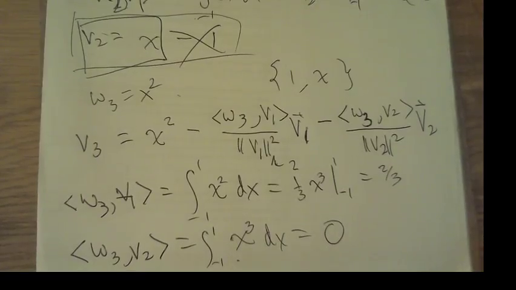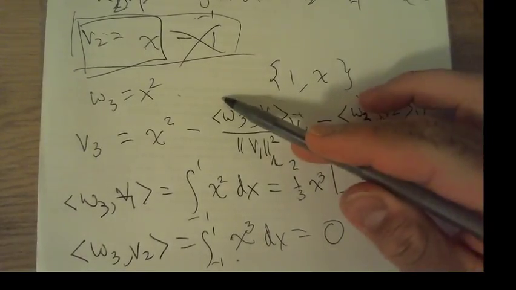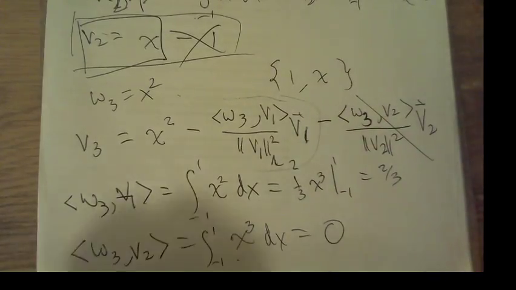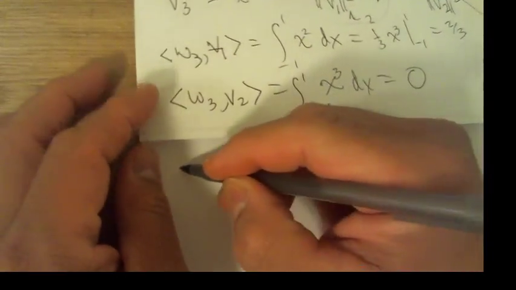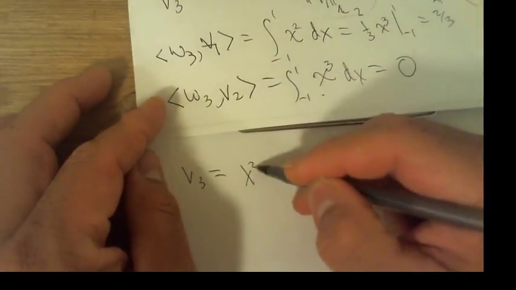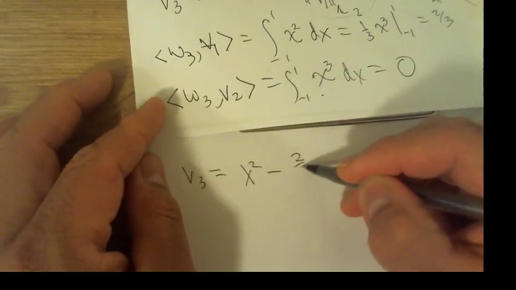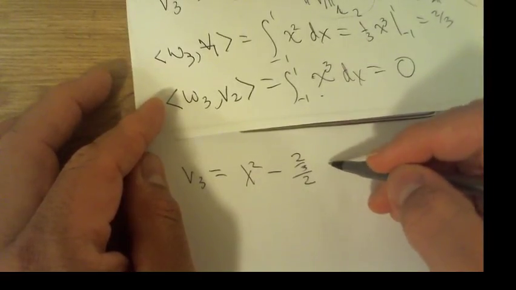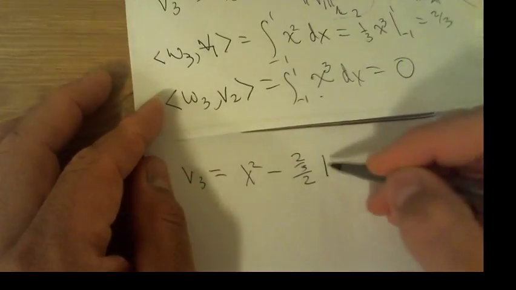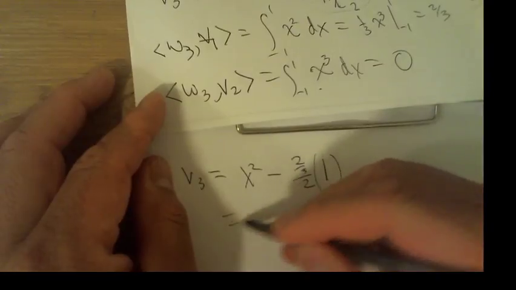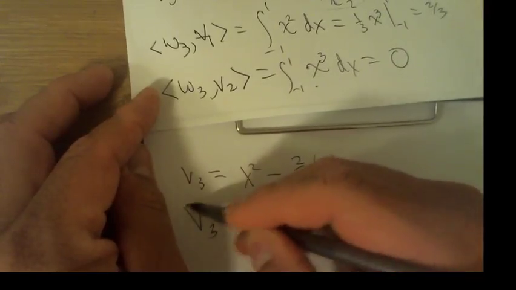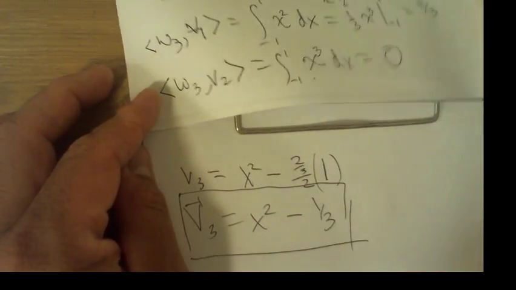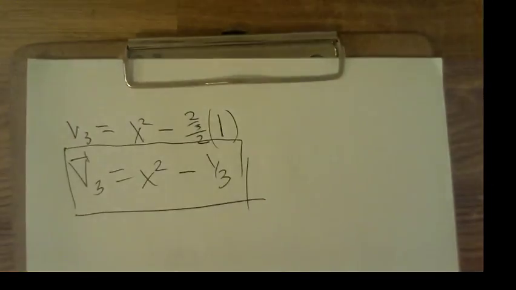Okay, so now what do we have here? So that one goes away, and then we're left with this thing here. So we get that for V3.